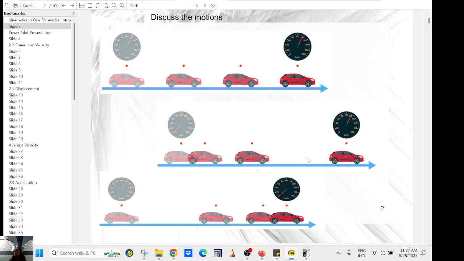So there is an acceleration, there is a force, there is the gas that you push. What about in that case? There is an acceleration, but decelerating, right? You are slowing down. So the velocity will change with time.